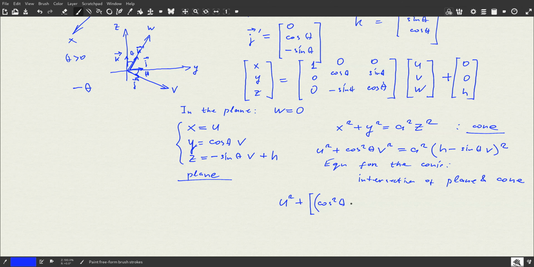So in any case, it is u squared plus (cosine squared theta minus a squared sine squared theta) v squared plus 2 h a squared sine theta v equals a squared h squared.